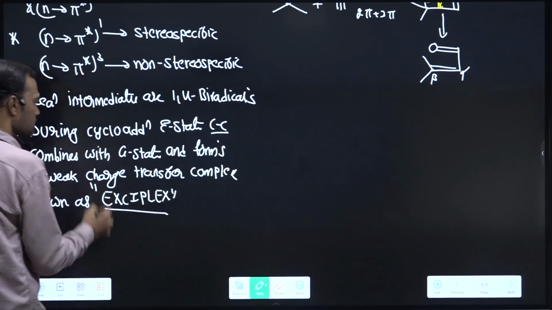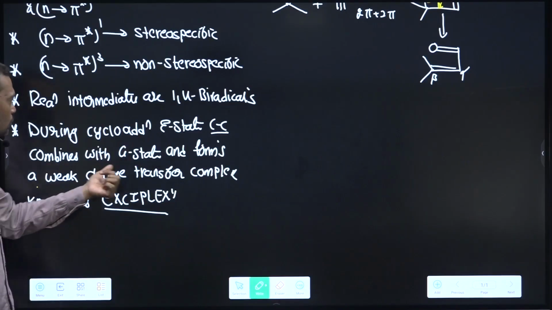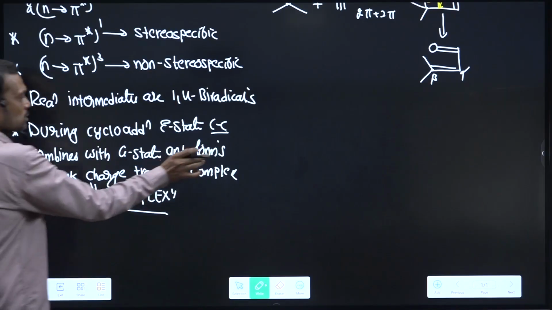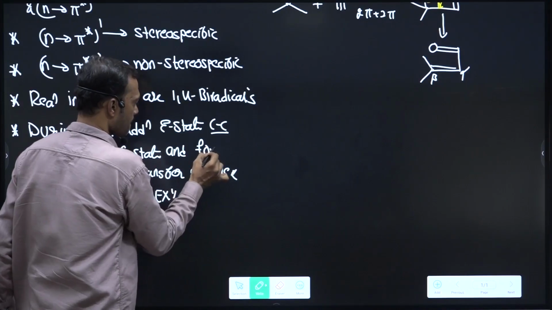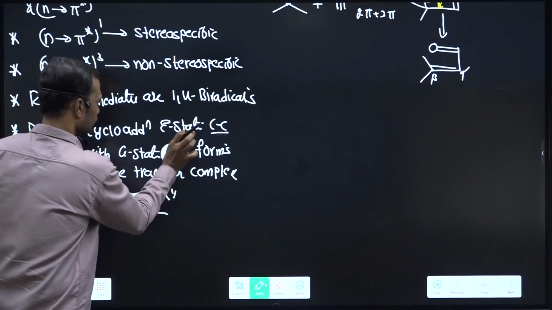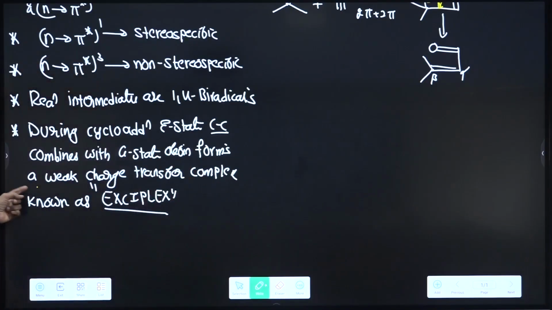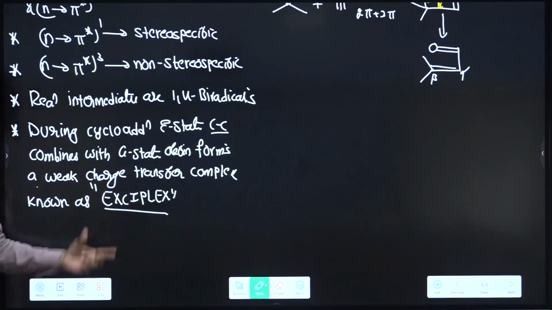You need to remember this word, exciplex. An exciplex is a charge transfer complex formed between an excited carbonyl and a ground state olefin.